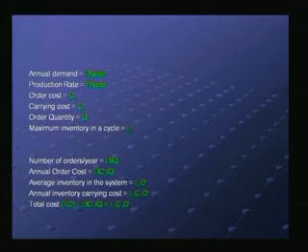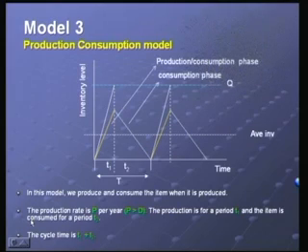So average inventory will be Im by 2, and the inventory carrying cost will be Im by 2 into Cc. So total cost, which is the sum of the setup costs and inventory carrying costs, will be D by Q into C naught plus Im into Cc by 2. So in this model we are optimizing the total setup cost plus carrying cost.